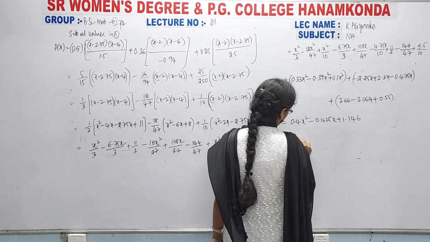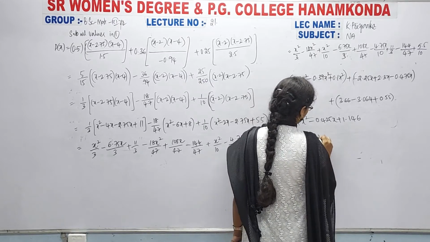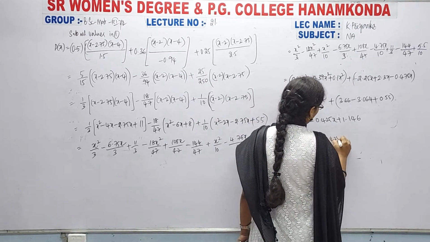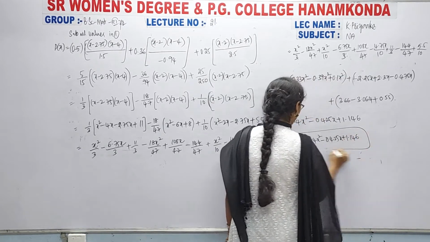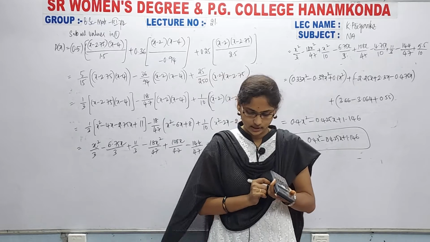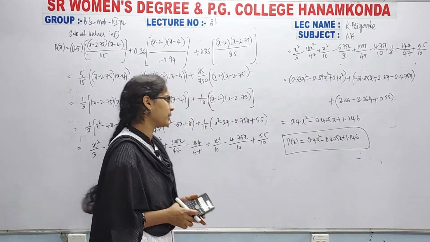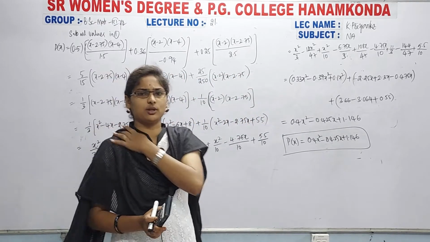Therefore, P of x is equal to 0.04 x square minus 0.425 x plus 1.146 is the required polynomial. Like this you have to calculate. You can write in ratios or you can calculate in decimals also, that is your wish.